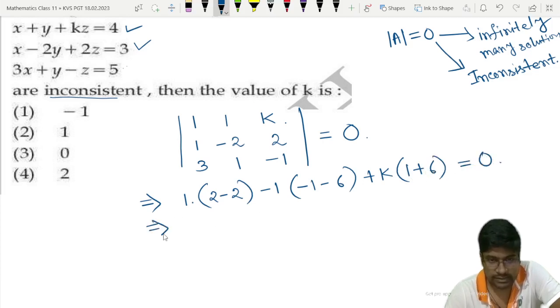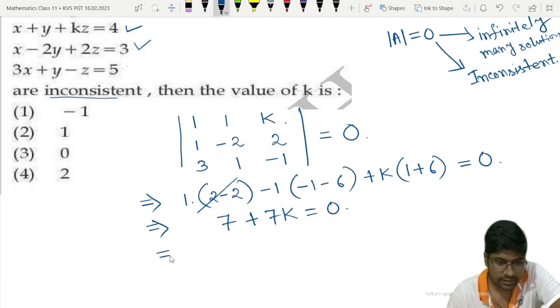This first term is vanishing, and minus 1 into minus 7 becomes plus 7, and plus 7k is equal to 0. So from here we get k equal to minus 1.